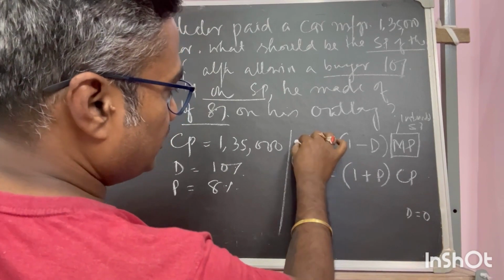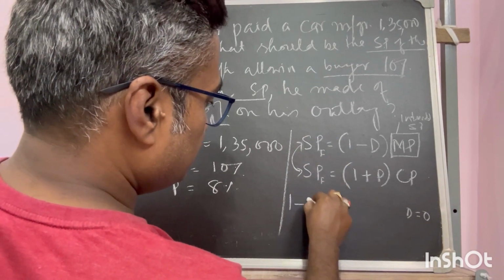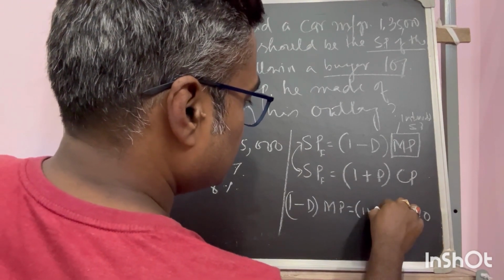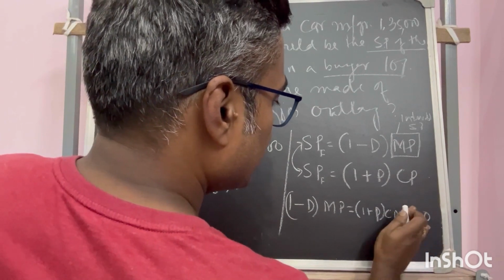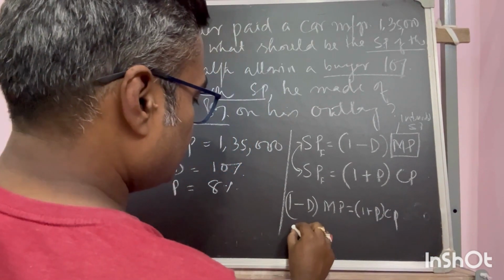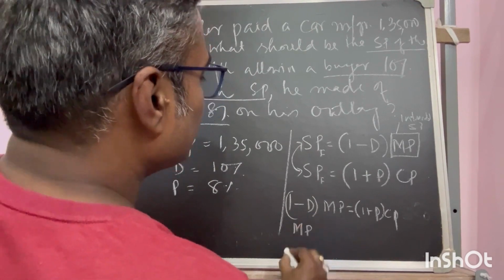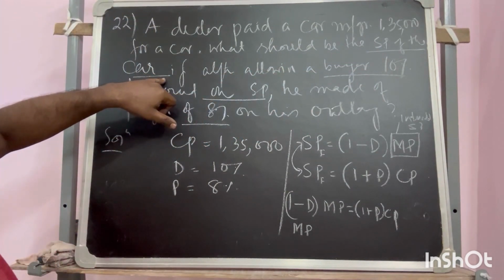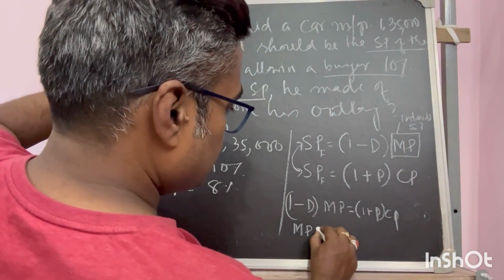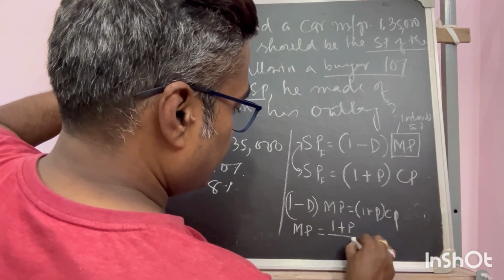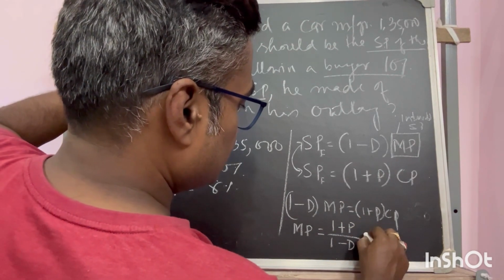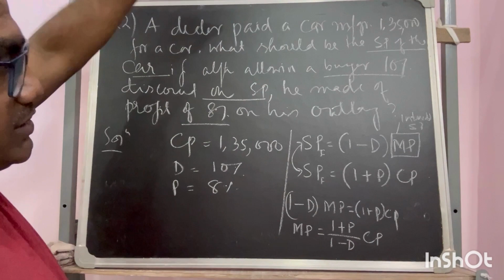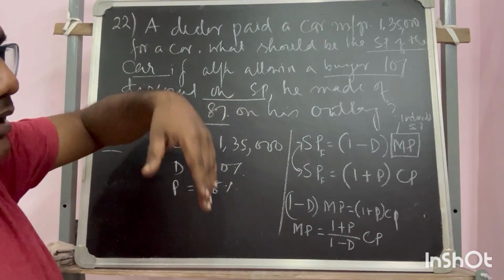Now if we equate these two, ultimately I get MP equal to (1 plus P) into CP, with the discount factor. So what should be the selling price of the car? That will be achieved as the market price, the price he initially fixed before giving discount or getting profit.